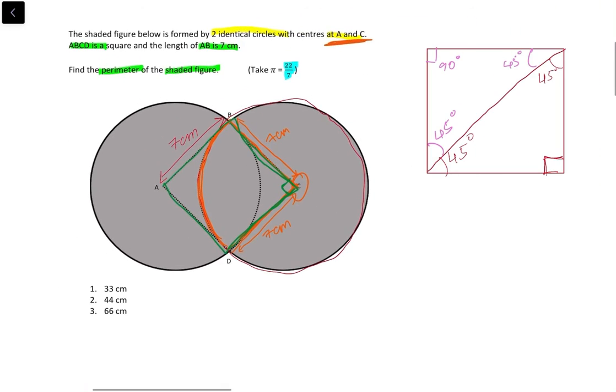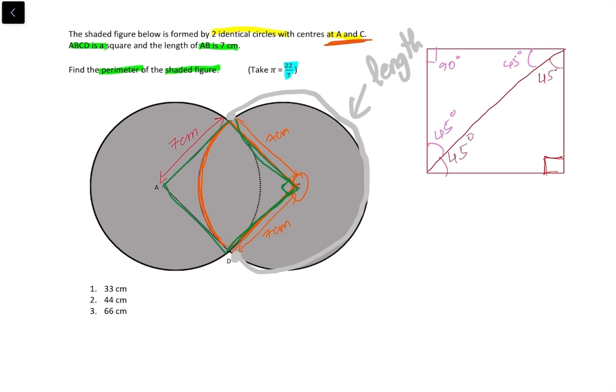Now we just need to find the perimeter or the circumference of 3/4 of the circle, which is basically just from B to D. We need to find the length of this gray arc, and we need to do the same thing for the second circle over here.